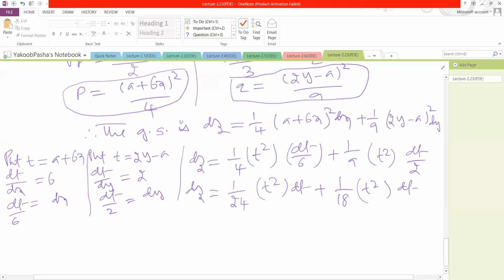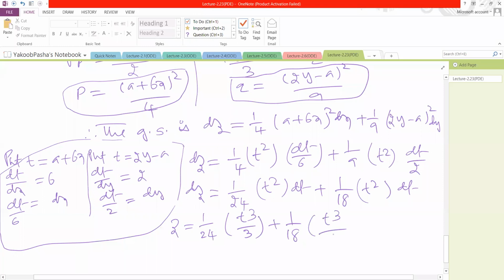Okay, so dz, now integrate on both sides. By integrating we get z is equal to 1 by 24 of t cube by 3 plus 1 by 18 of, again integrate t square, we get t cube by 3, plus some arbitrary constant b.